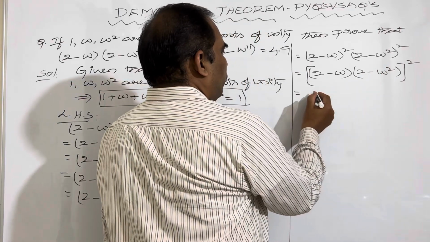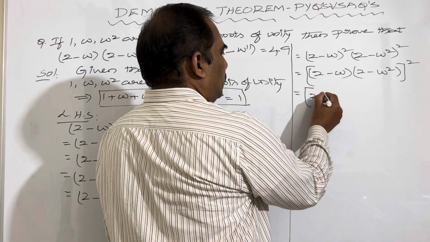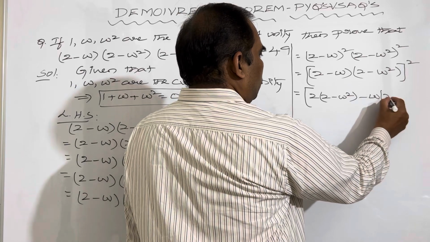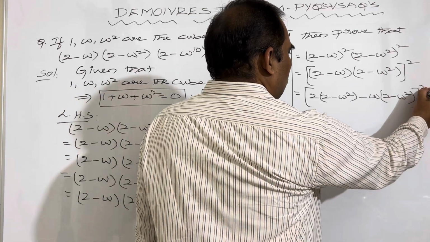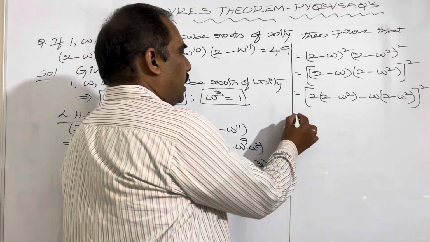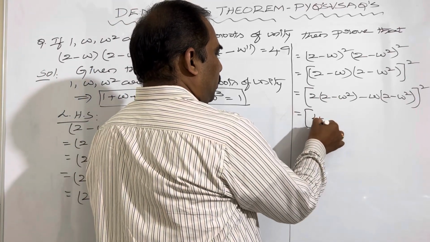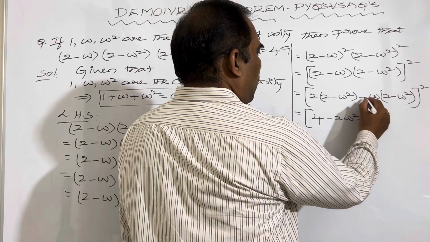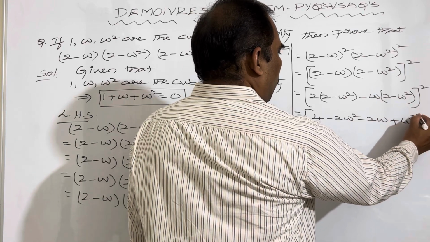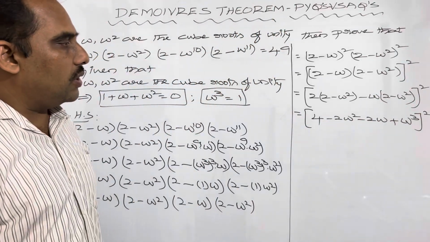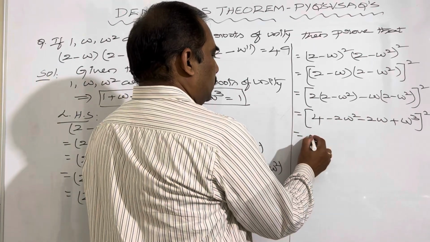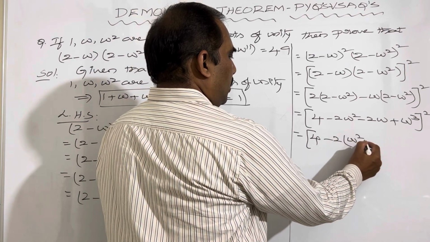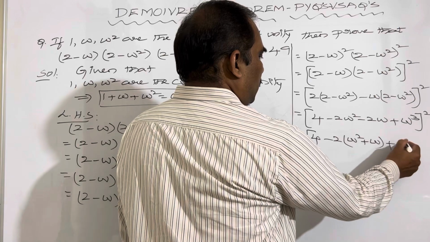Now simplifying, multiplying (2 minus omega) with (2 minus omega square): 2 into 2 is 4, minus 2 omega square, minus 2 omega, and minus into minus is plus omega cube, whole square. In the two middle terms, taking minus 2 common, we have omega square plus omega, plus omega cube, which is 1.